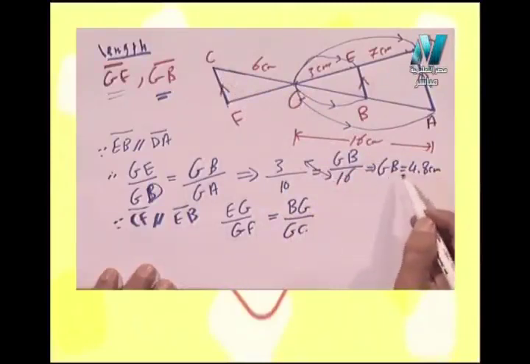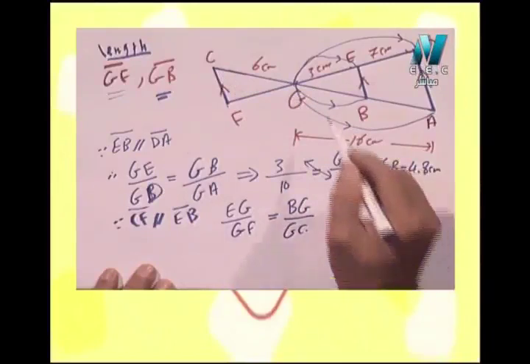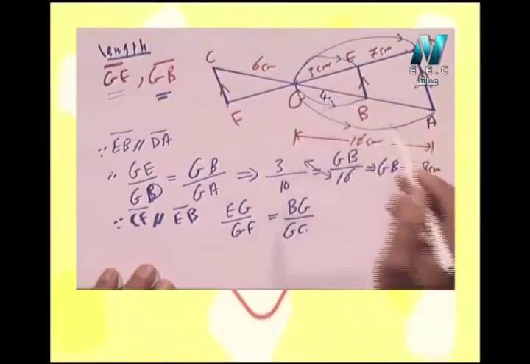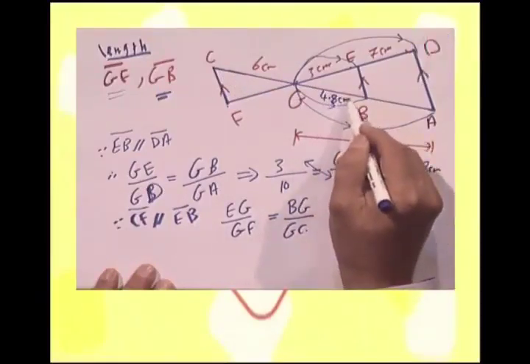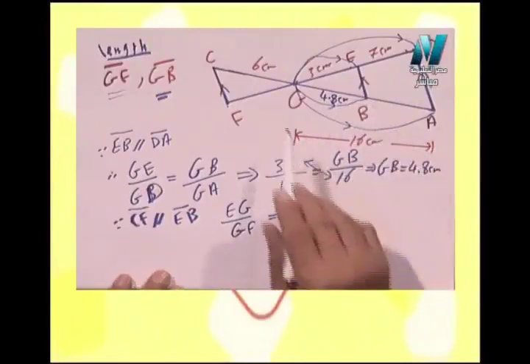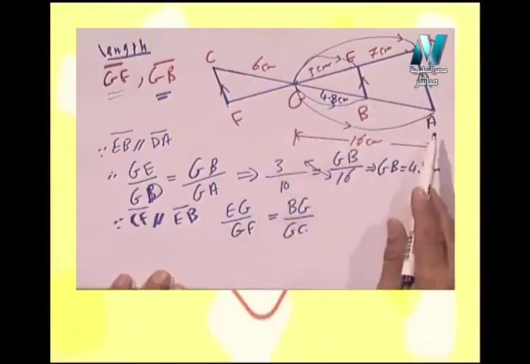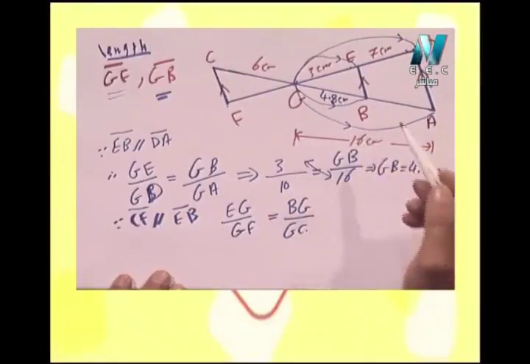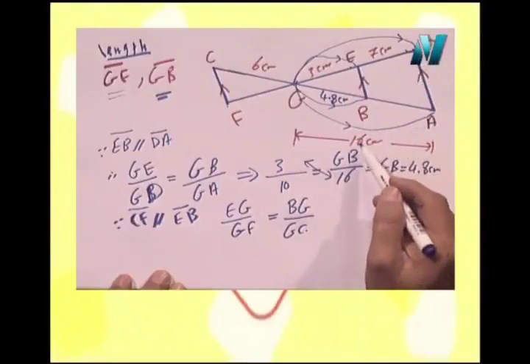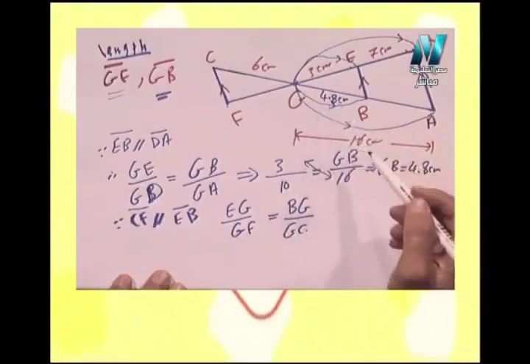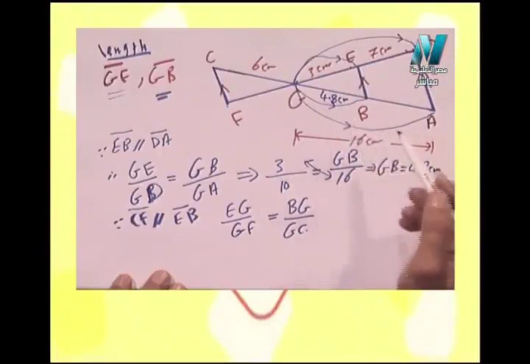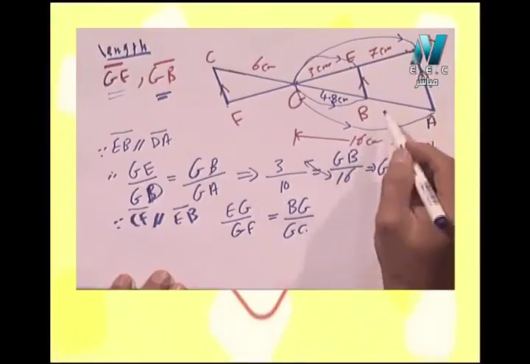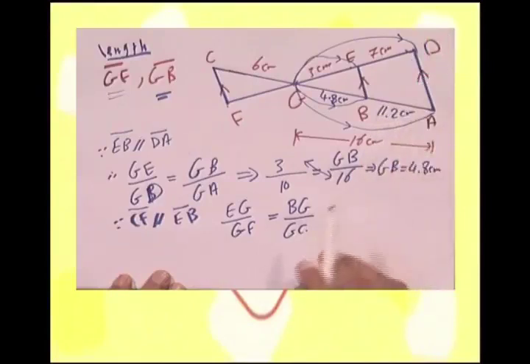We have GB here equals 4.8 centimeter, and all GA equals 16. We can find out BA by subtraction. 16 minus 4.8, say 16 minus 5 will be 11, so it will be 11.2 centimeters.